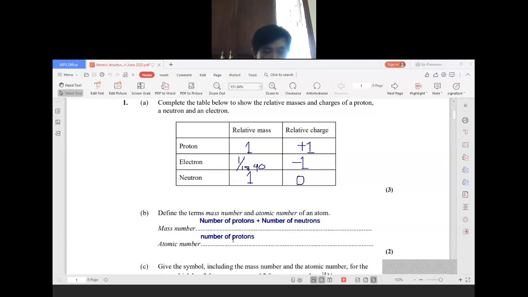Mass number is also called nucleon number. So mass number is the same as nucleon number, the proton plus neutron.